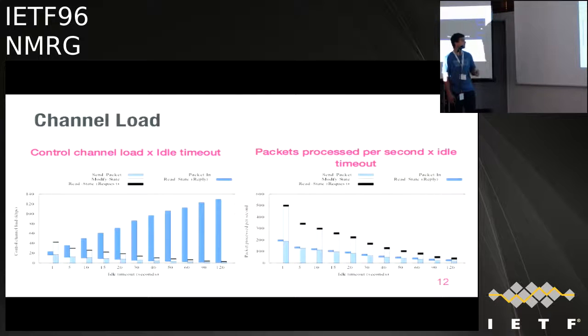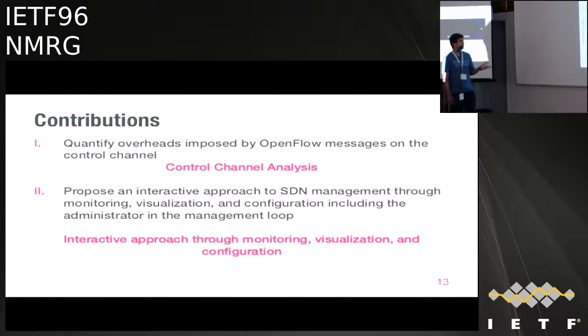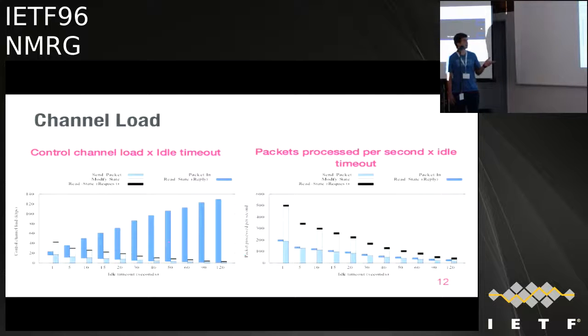And if we set it to a higher value, we have more overhead related to monitoring because we have more rules to monitor, but we have less installation process in this case. And this means that the administrator needs to watch over this parameter in order to avoid some bottleneck because it's correlated. So now I'll present our approach.